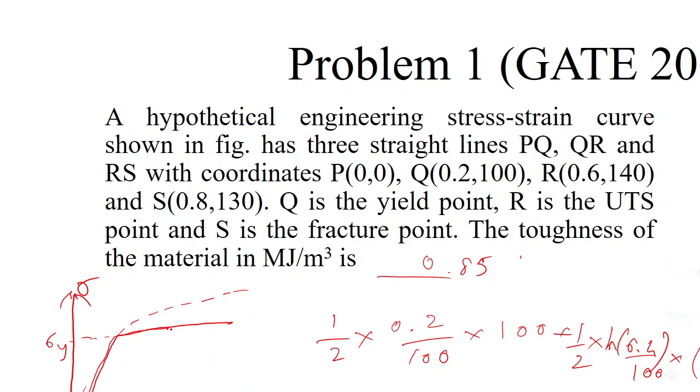Then I unload the material. During unloading, it definitely won't regain its original shape because it has gone into the plastic deformation state. After unloading, some elastic recovery happens, and that path is parallel to the stress strain curve under the elastic limit.